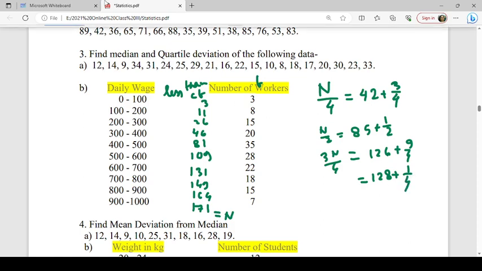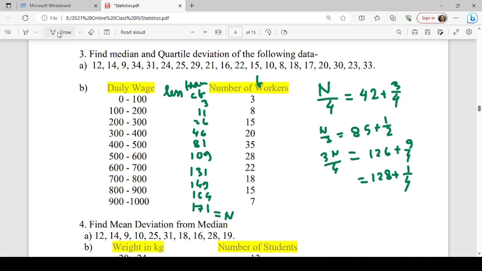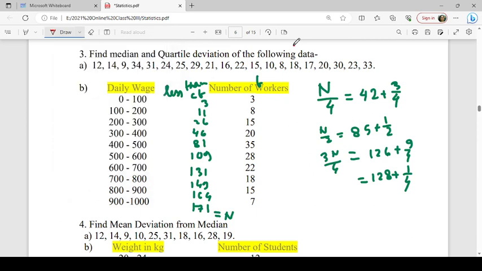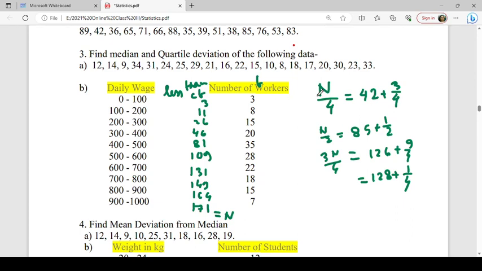So C1 here is for the first quartile, where n by 4 lies. So 42 plus lies in this class, so this is C1.